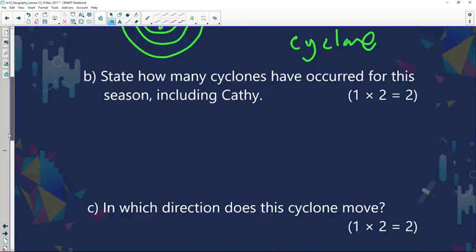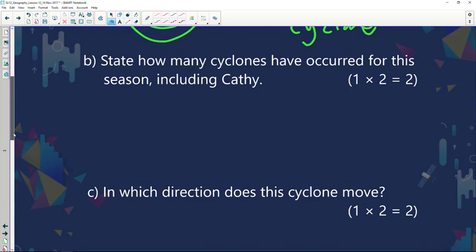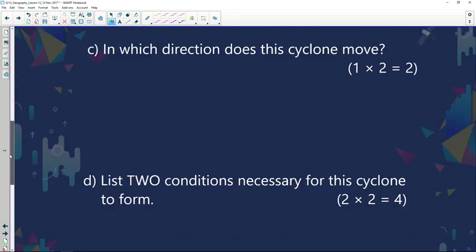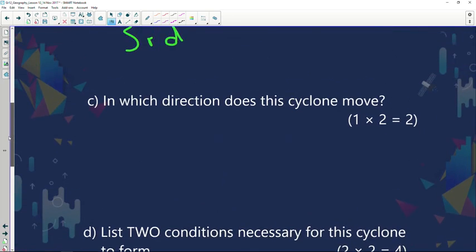If you look at the next question, state how many cyclones have occurred from this season, including Kaffy. Now, we use the alphabet to state how many of them has occurred in the season. Now, as you can see, Kaffy is the third letter in the alphabet. So that means Kaffy is the third tropical cyclone of the season. So that means there was 2 before Kaffy happened. Now, in which direction does the cyclone move?